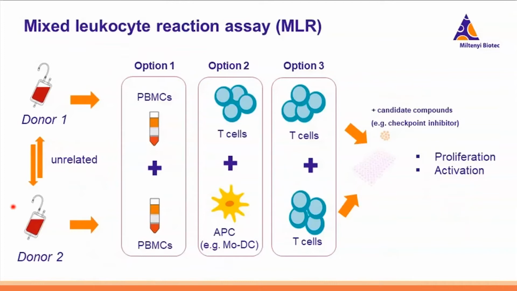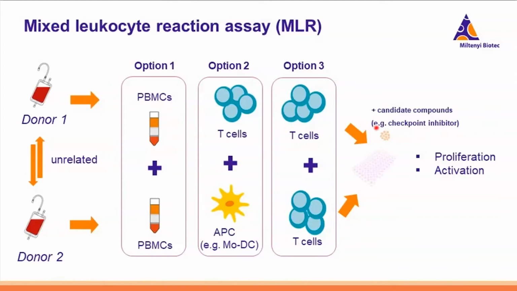So some few words on the mixed leukocyte reaction assay. In this assay, you simply mix cell populations isolated from allogenic donors. It is essential that the cells are isolated from allogenic donors because HLA mismatching is important for T-cell activation. The cell population mixture could be PBMC and PBMC, or T cells plus antigen-presenting cells, dendritic cells, or you simply mix two T cell populations.